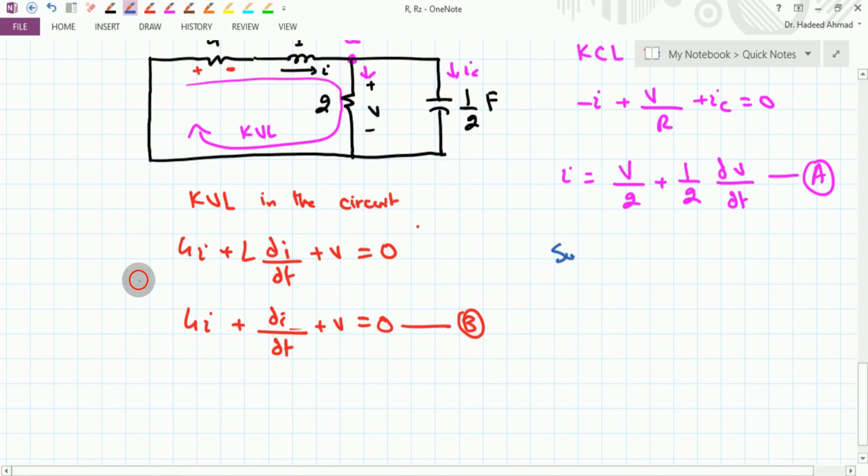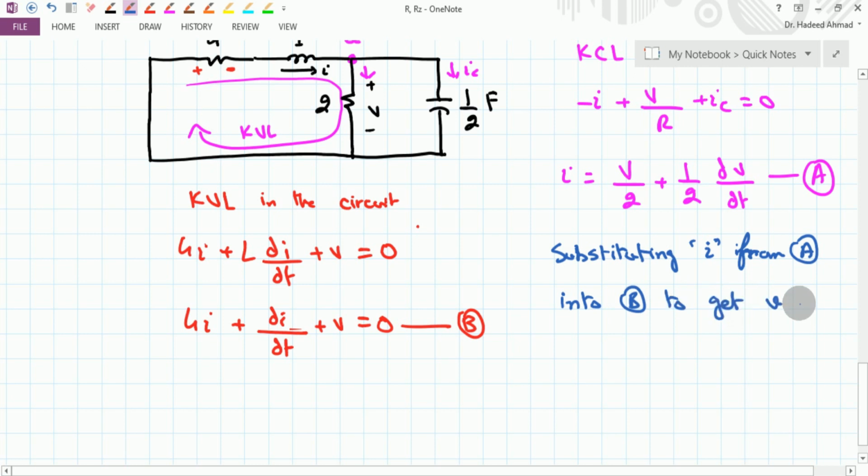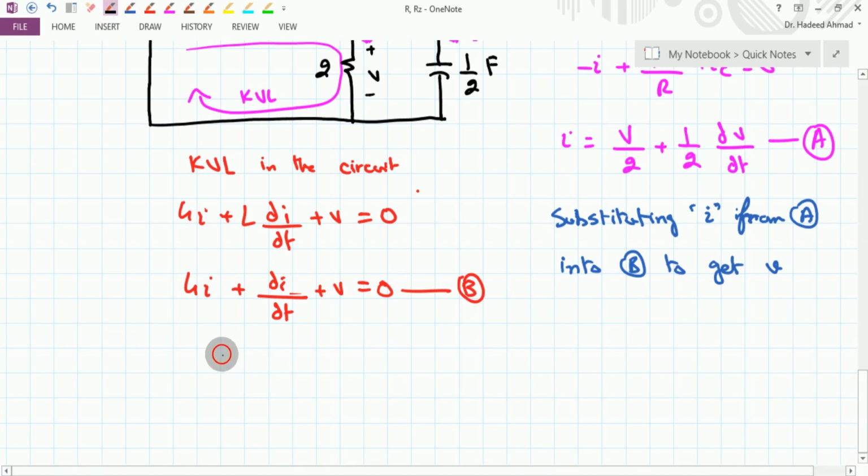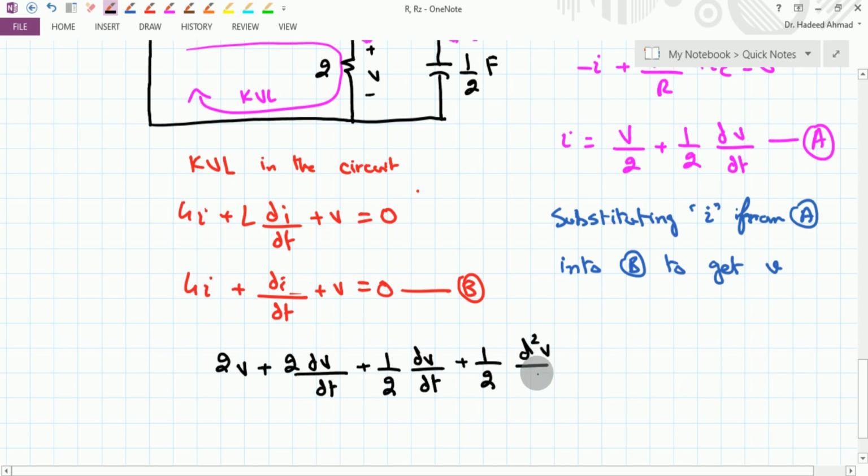So substituting, that becomes equal to 2V plus 2 dV by dt plus 1 by 2 dV by dt plus 1 by 2 d square V by dt square plus V, and that is equal to 0.